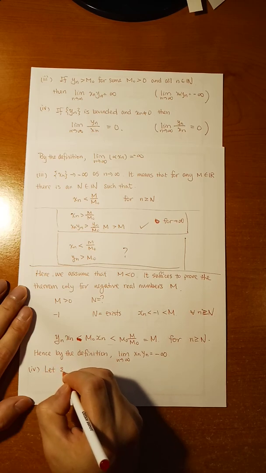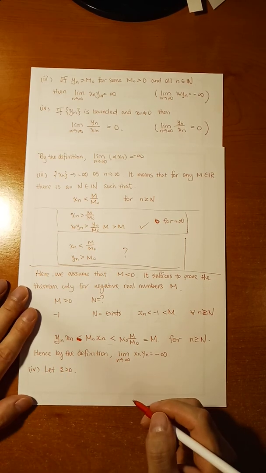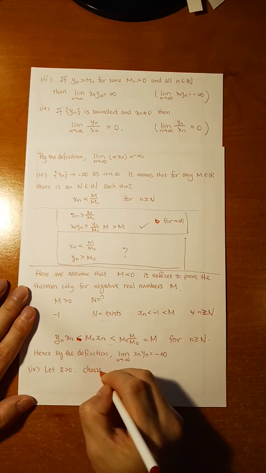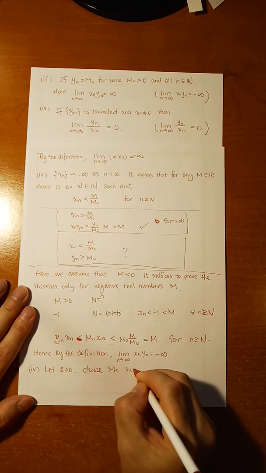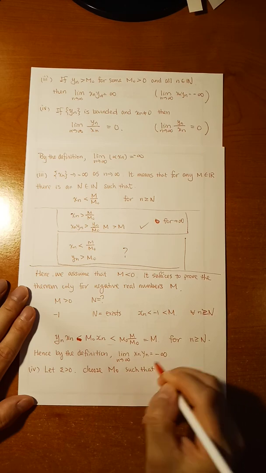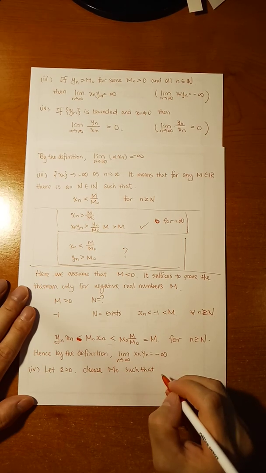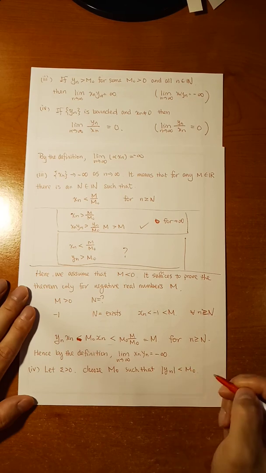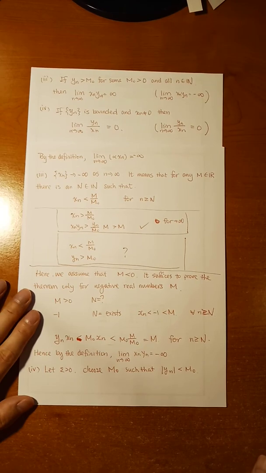Let epsilon be greater than 0. First, choose m0 such that the absolute value of yn is bounded by m0.